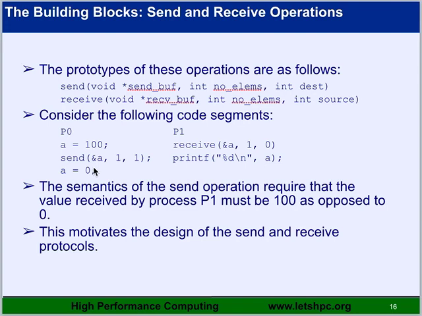But now suppose before this message actually reaches P1, it gets replaced with the value of 0. So instead of getting 100, it might get 0. These kinds of questions motivate the design of the send and receive protocols.